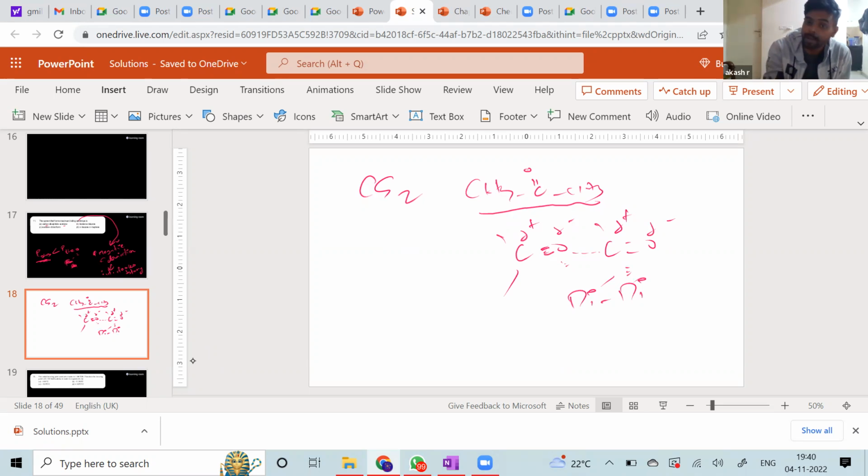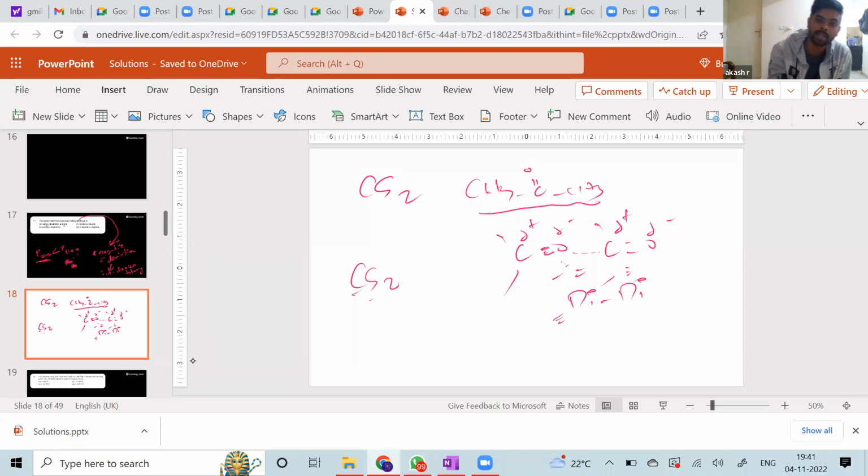Now this dipole-dipole interaction is going to be quite strong, right? Because it is between carbon and oxygen. Now in CS2, even though there is an electronegativity difference between carbon and sulfur, it is not going to be as strong as this. Is it not? It is not as strong as in the case of acetone.